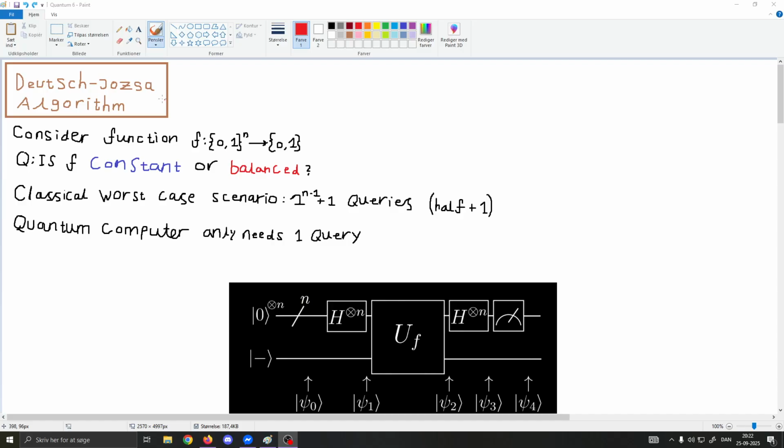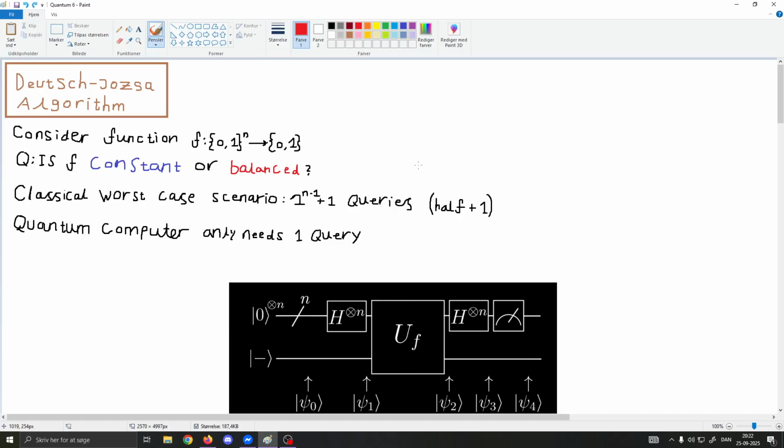Alright guys, so we are doing Deutsch-Jozsa's algorithm today, which is a sort of expanded or modified version of Deutsch's algorithm from yesterday. Now, what Deutsch's algorithm did was that we had a function f, which took an input 0 or 1, and it popped out an output 0 or 1.